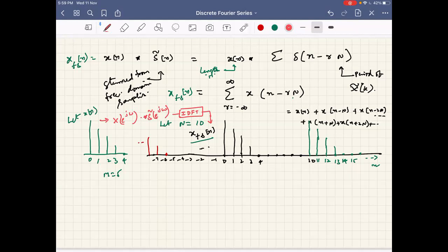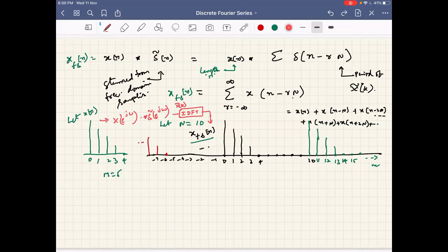Instead, if we have started with some x tilde, while in the process you have got here, after this sampling, some X tilde of k, right? And for that you have plotted here. What you get is x tilde of n.